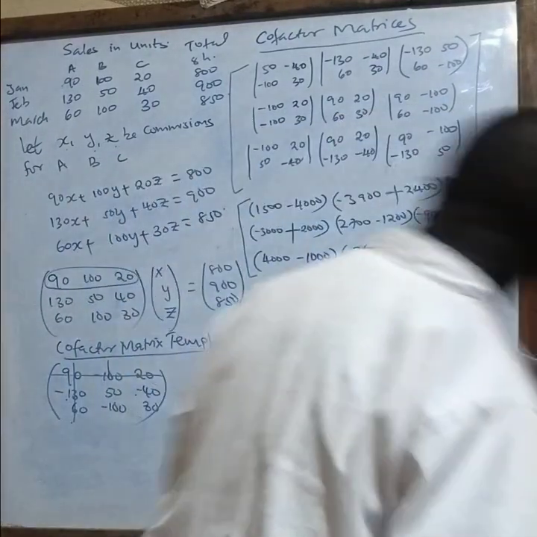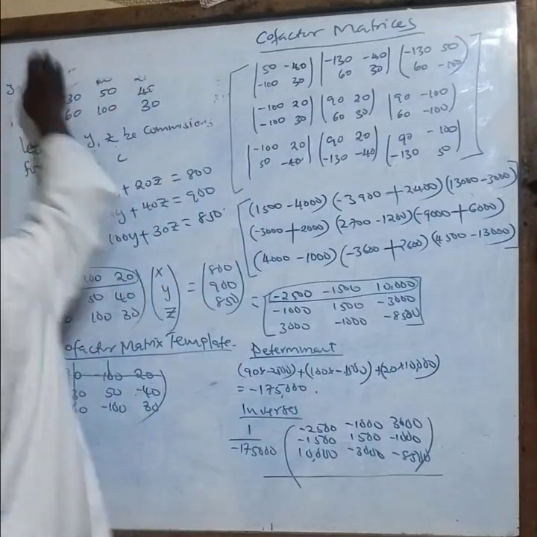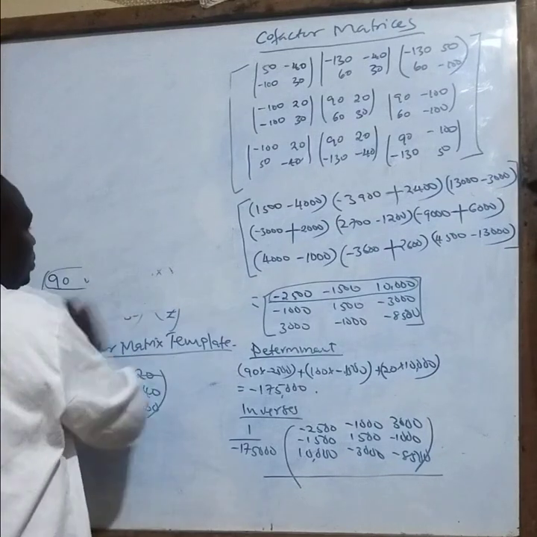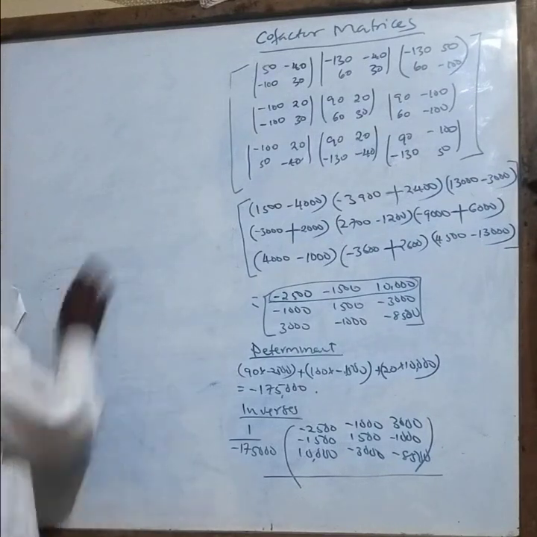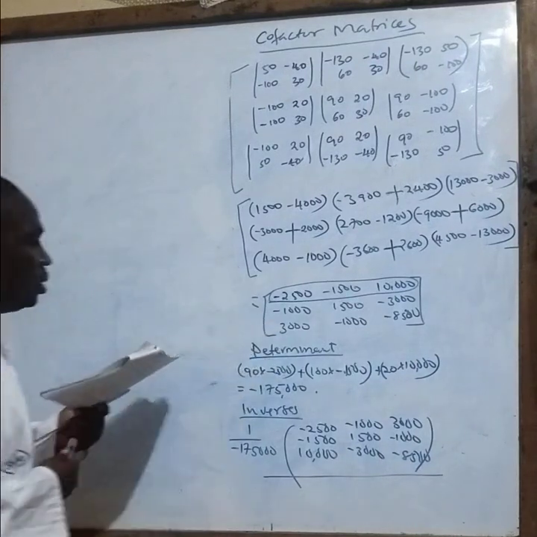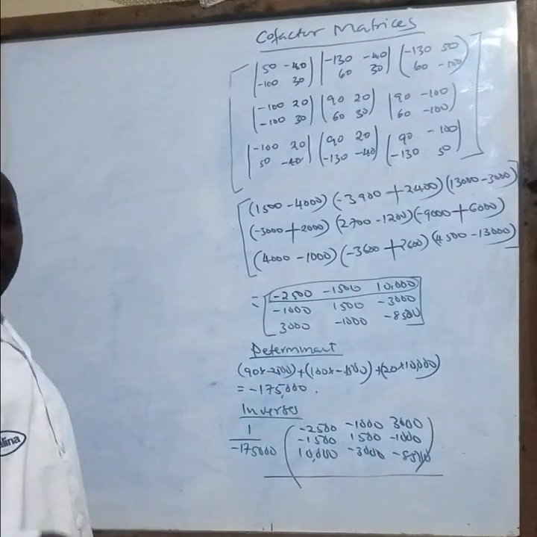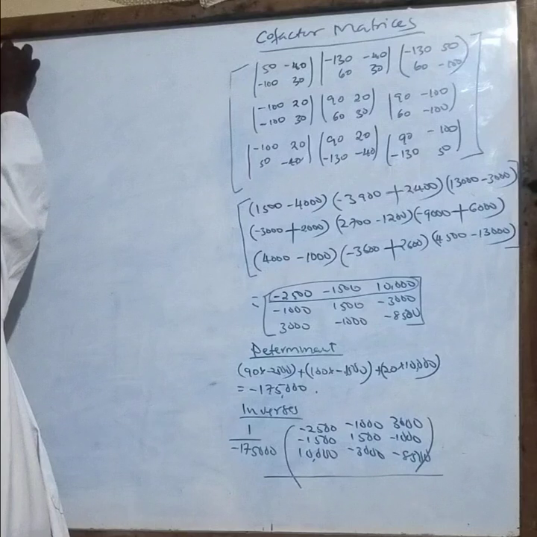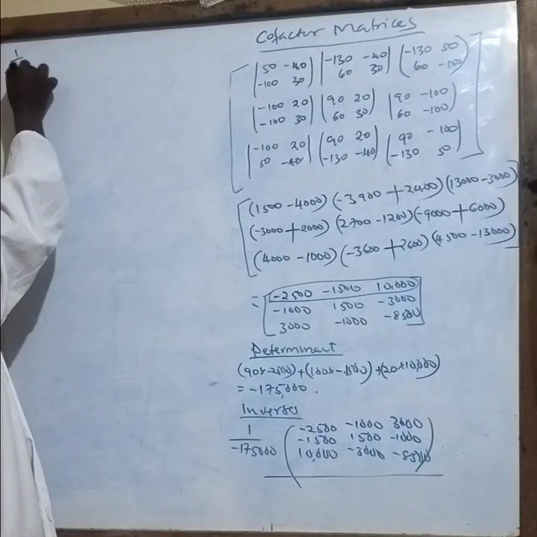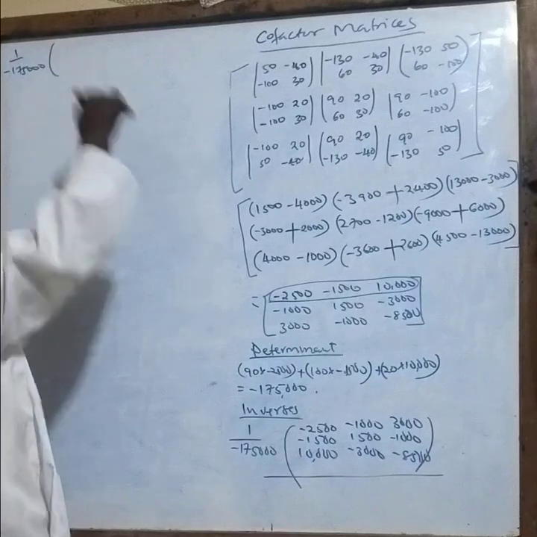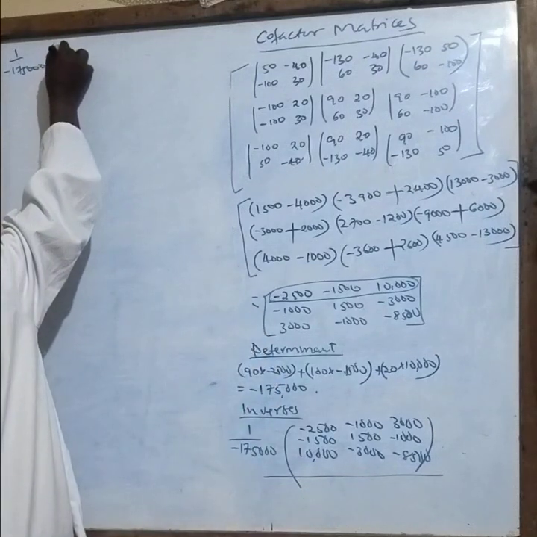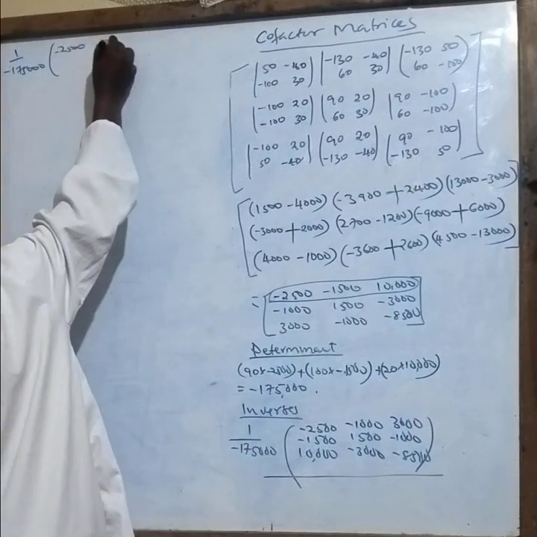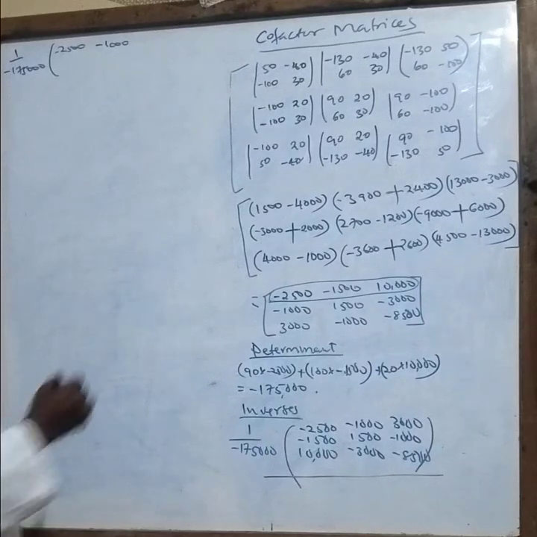Once you get the inverse, for you to get the answer now, you say therefore. So therefore, find the value of x, y, and z, because you have already the inverse here. So it will be 1 over negative 175,000 into brackets, as it is, negative 2,500, negative 1,000, and 3,000.